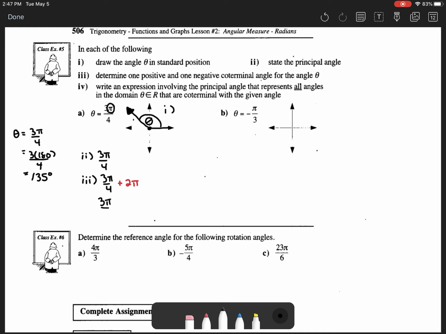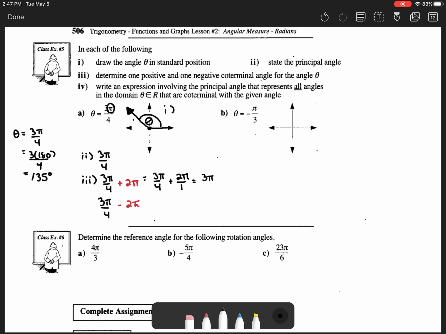To find a negative coterminal angle, I would have to subtract 2 pi. Just remember those are full rotations, like adding and subtracting 360 degrees. So here's where you have to be good with fractions. If I take 3 pi over 4 and I add 2 pi, well, 2 pi is basically over 1.